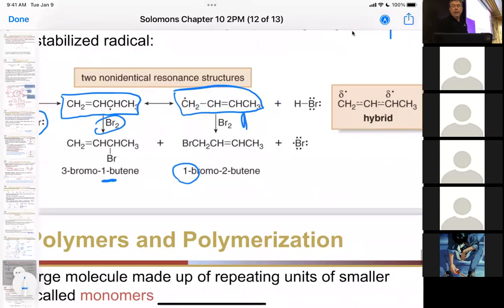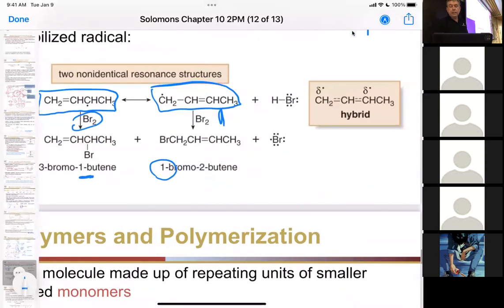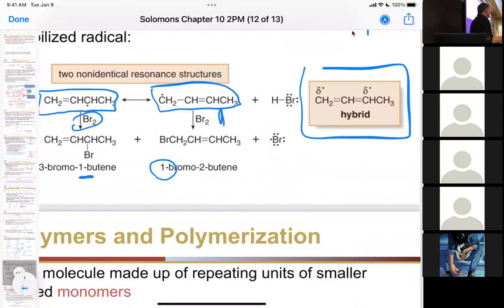That's because of our hybrid resonance structure. We have half a radical on one and half a radical on the other, and therefore it's maybe going to spend a little more time on the 3 position because that's a secondary radical. So we might have a little bit more of that, but definitely both of them are going to be products in our system.